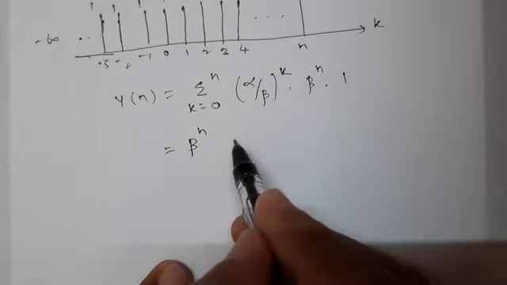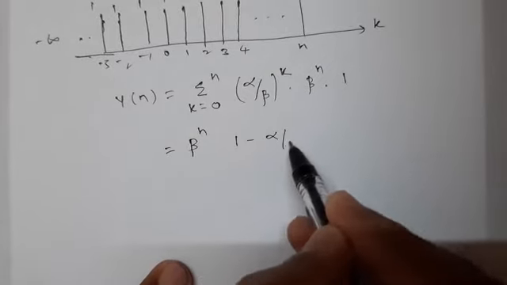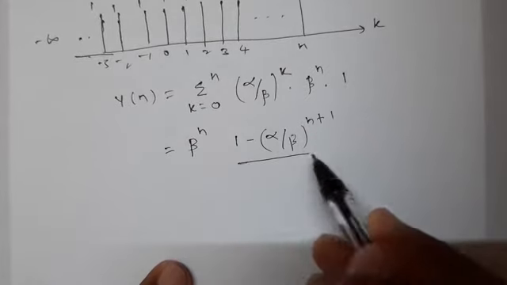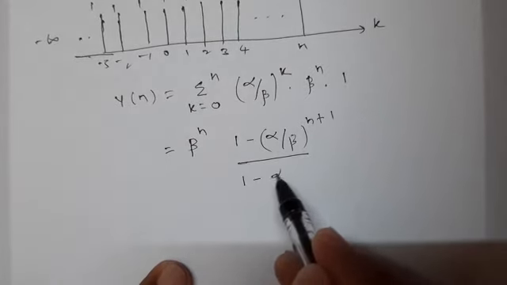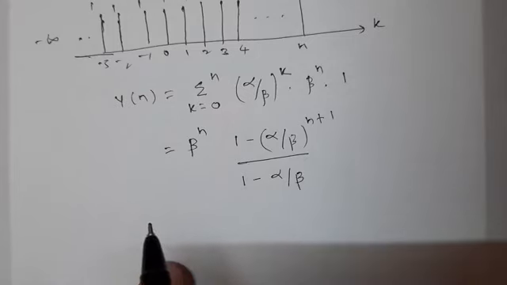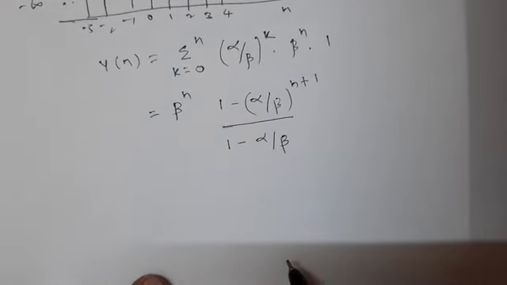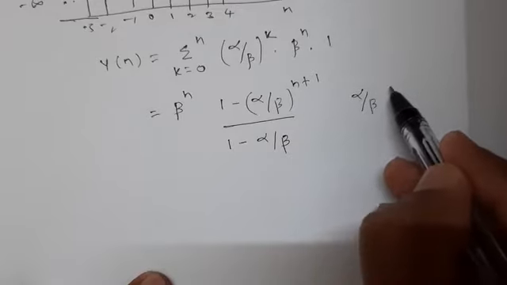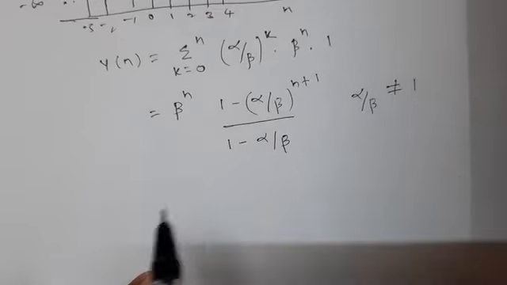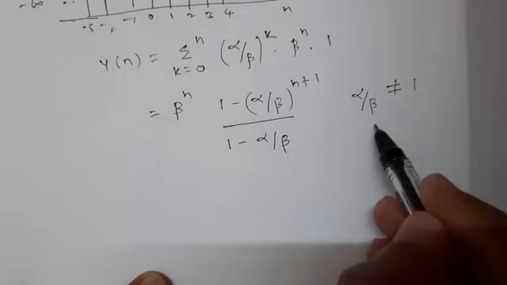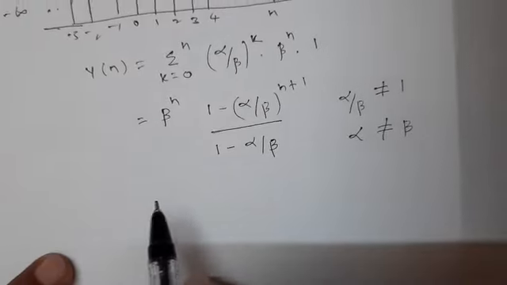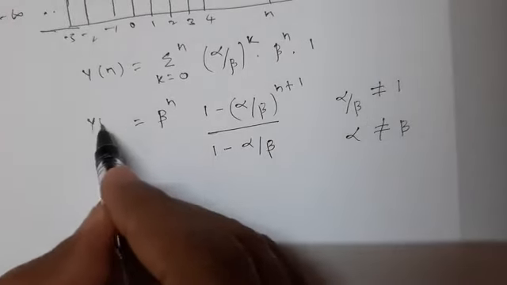As I told, the formula is 1 minus alpha by beta to the power n plus 1, divided by 1 minus alpha by beta. Here you can have a condition: alpha by beta not equal to 1, that is alpha not equal to beta, which is y of n.